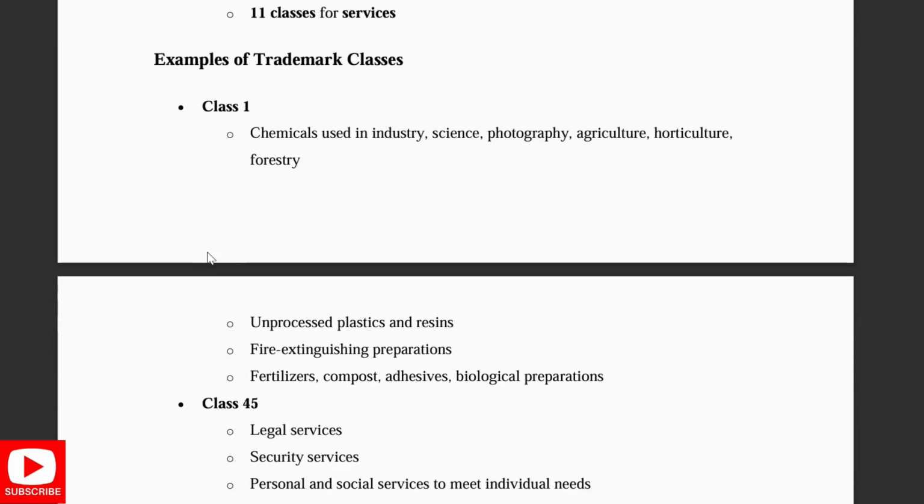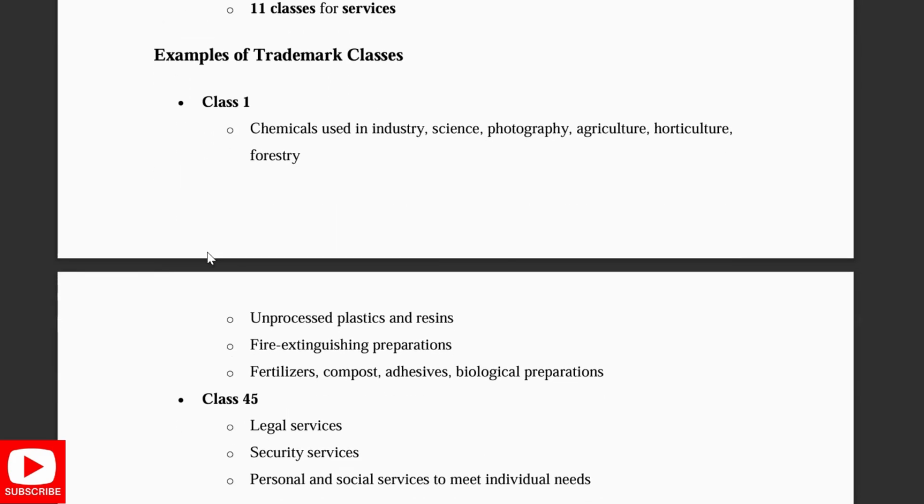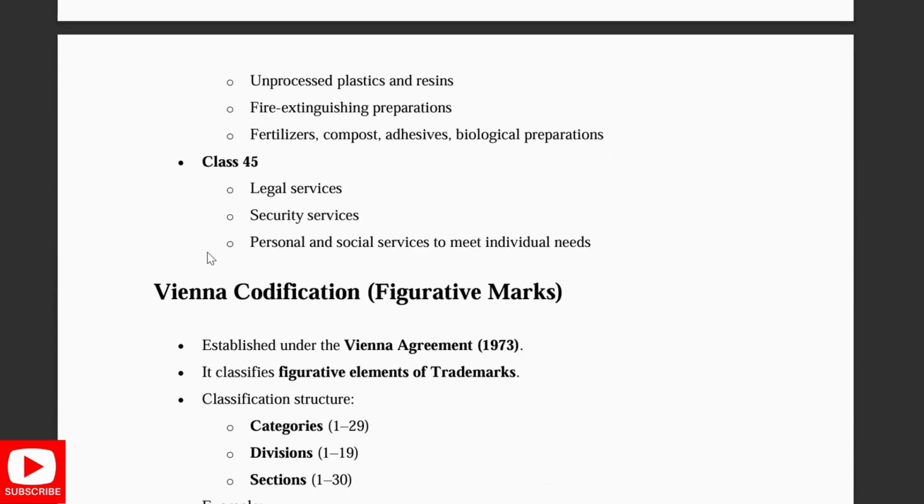Example of the trademark class. Let us see class 1, which covers chemicals used in industry, science, photography, agriculture, horticulture, forestry, etc. Then unprocessed plastics or resins, fire extinguishing preparations, fertilizers, compost, adhesives, and biological preparations, these are all under class 1. Class 45 covers legal services, security services, and personal and social services to meet individual needs.